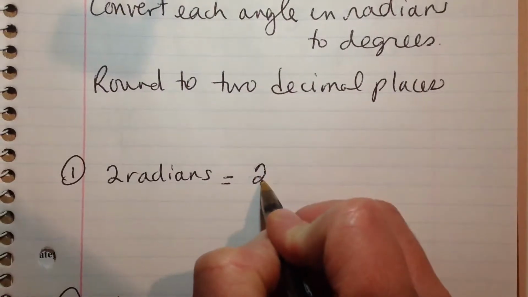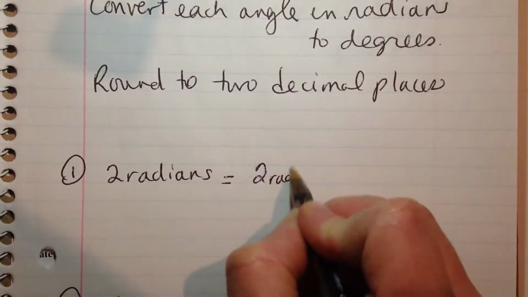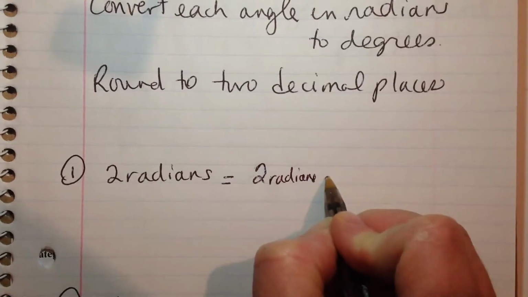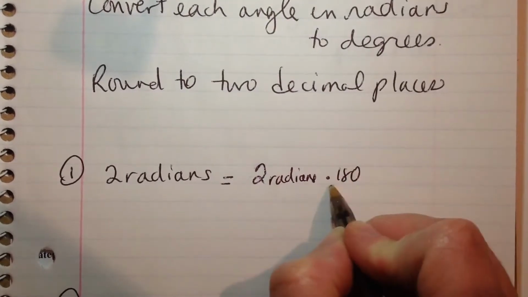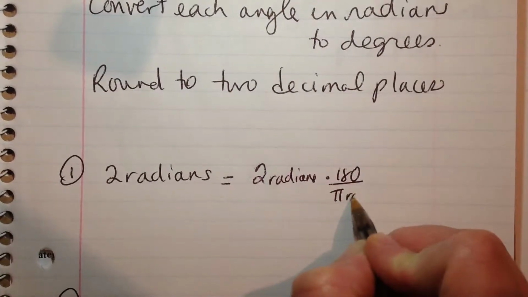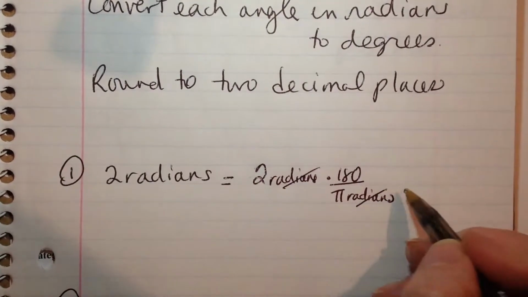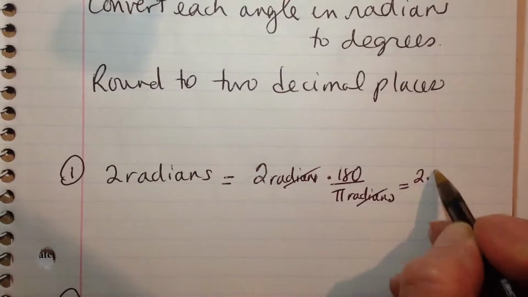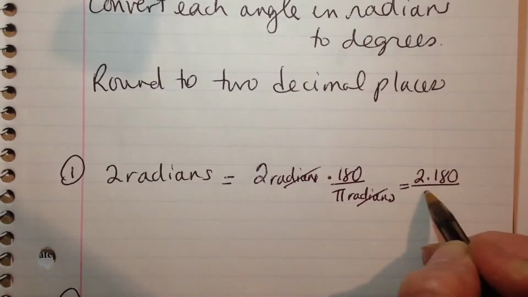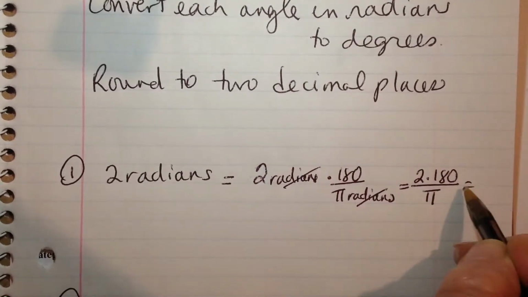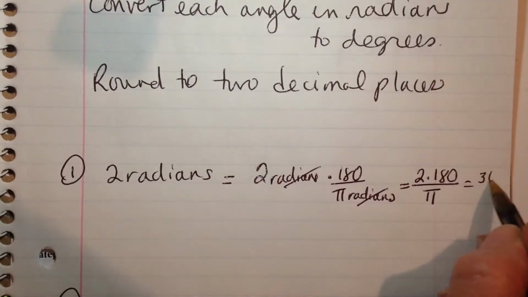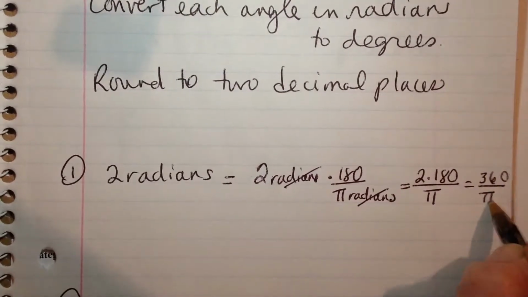So we have 2 radians times 180 divided by pi radians. The radians cancel, so we end up with 2 times 180 divided by the pi button. Well, 2 times 180 is 360 divided by the pi button.